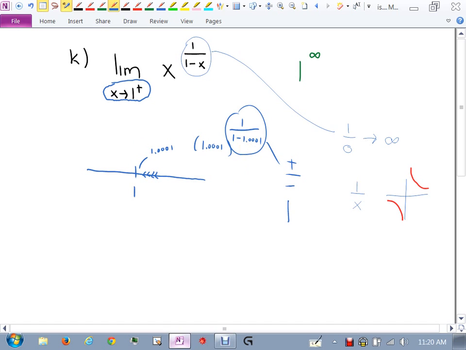So this is going to be a huge negative number. Agreed? So what would happen if I take this number like 1.0001 and raise it to a huge negative number? Well, what does negative mean? 1 over it, right?